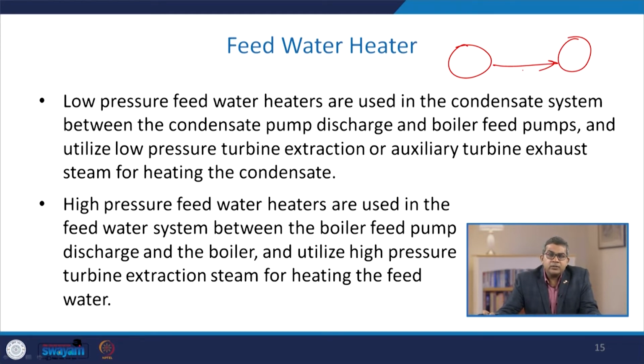This way it utilizes the low pressure turbine extraction or auxiliary turbine exhaust system for heating the condensate. High pressure feed water heaters are used in the feed water system between the boiler feed pump discharge and the boiler, and utilize high pressure turbine extraction steam for heating the feed water.